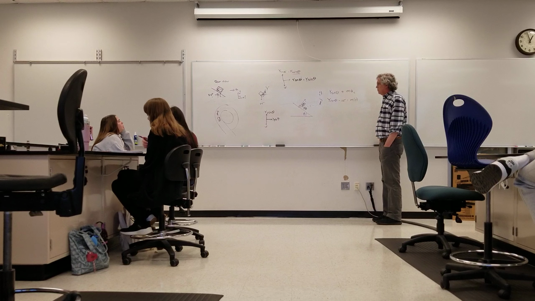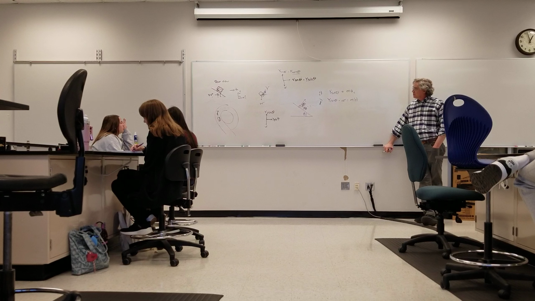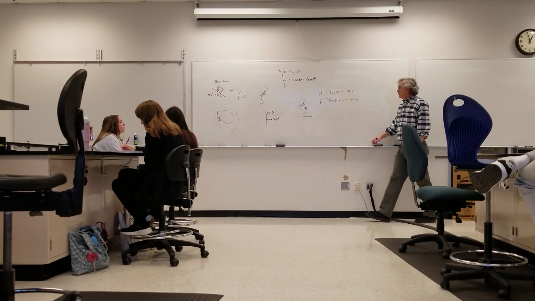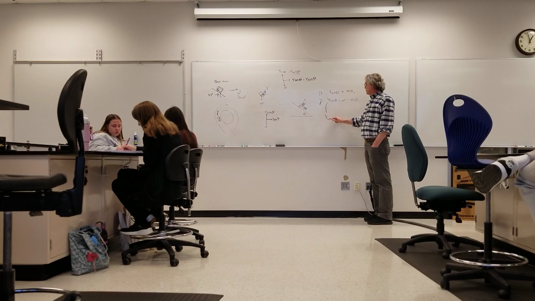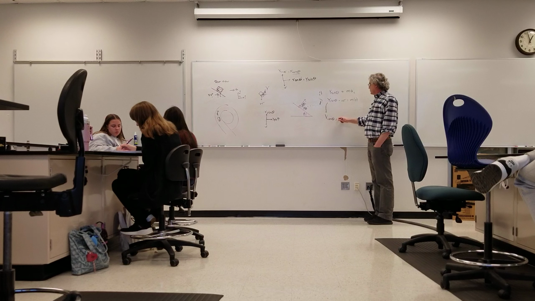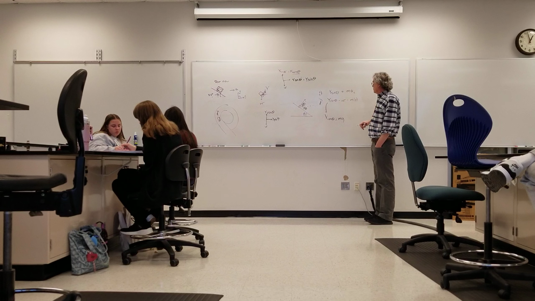Now we do substitution. For what do we have an independent formula? The formula for weight is mg. All right, so this equation here becomes N cosine theta equals mg. Go ahead and bring it over.